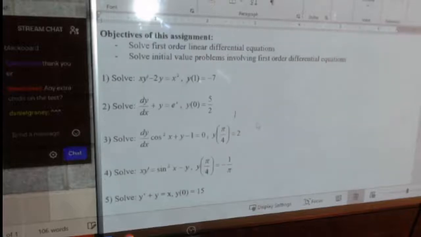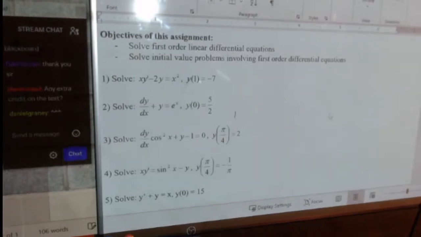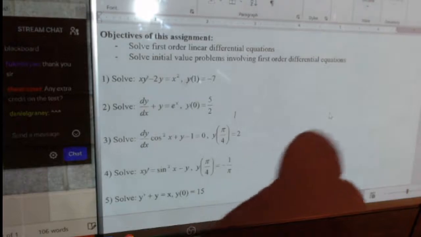Let's see. I'm going to go out on a limb and say maybe 3 looks a little odd, so let's go ahead and try that one. And then I will go ahead and work the other problems that you guys suggested.